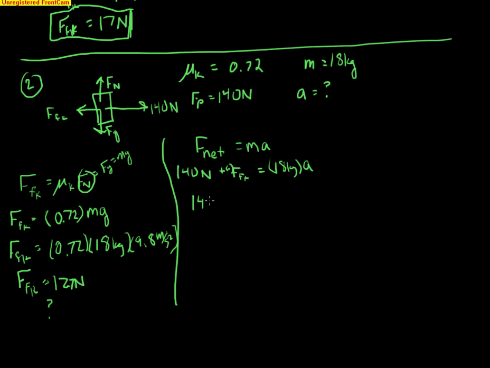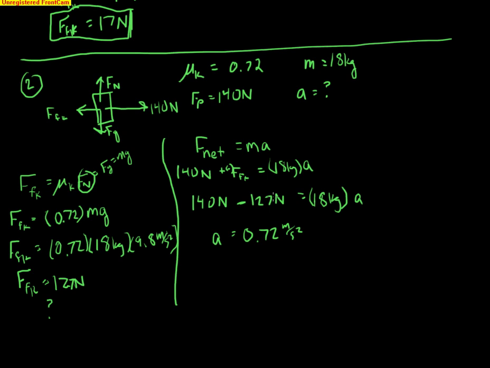So 140 newtons minus 127 newtons for our negative direction equals 18 kilograms times a. Now we have everything we need to know to solve for a, and we get a equals 0.72 meters per second squared.